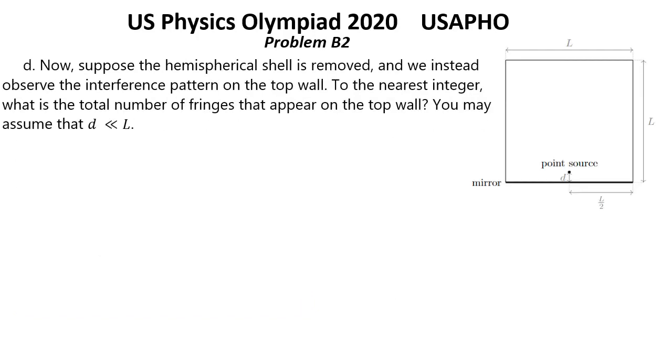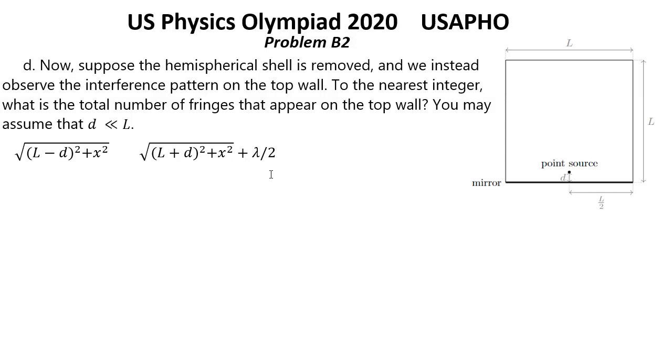Solution for question D. Now the distance between the source and spot x on the wall is given by the square root, and the distance between the image and the spot on the wall is this one, including the phase shift lambda over 2. We do not assume that x is much less than L this time.